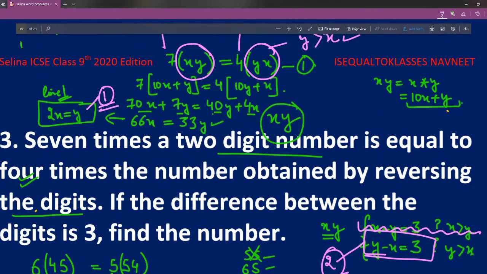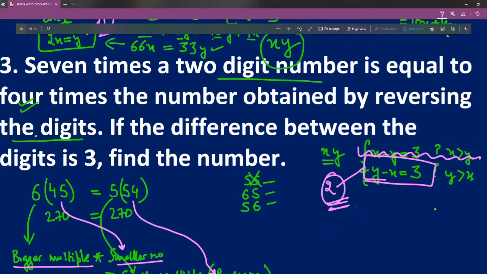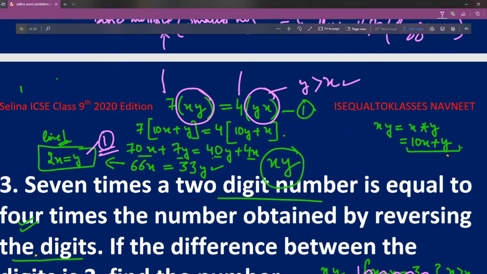So y is equal to 2x. I can write this as 1 dash. I have reduced 1 to 1 dash.